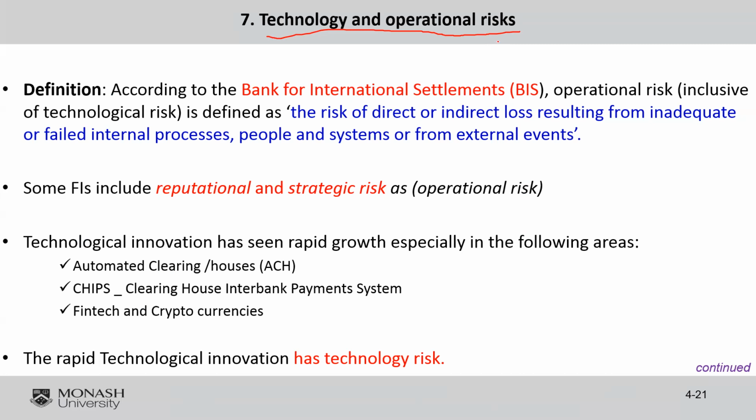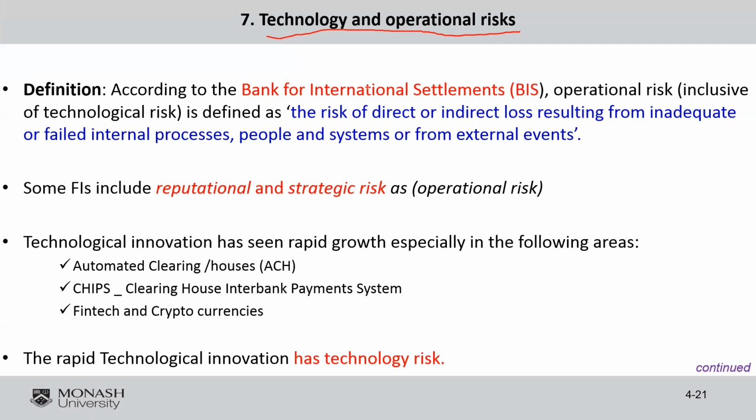Those systems can be obsolete, can be unsecure, which means less cybersecurity, and they can be hacked. So all of these things related to technologies, all these system glitches, all those problems that may happen to the technologies that the bank is using is called technology risk.